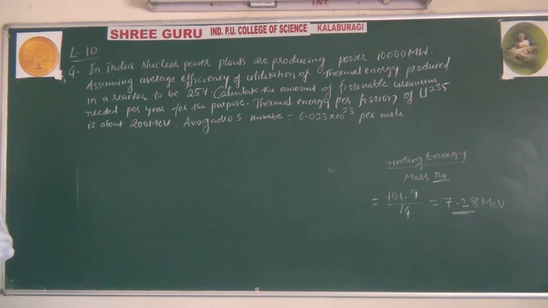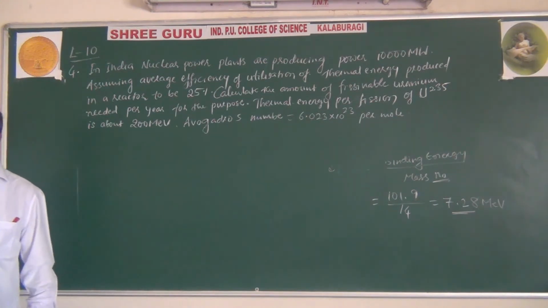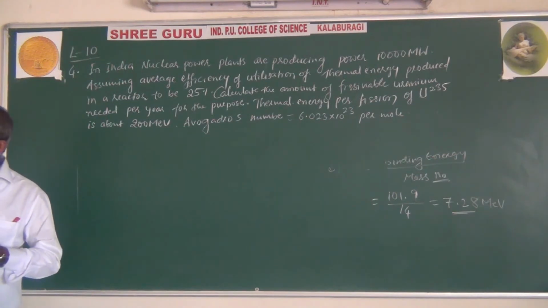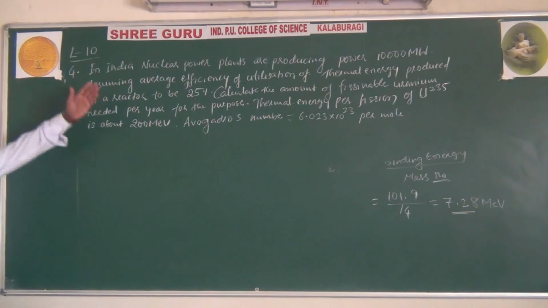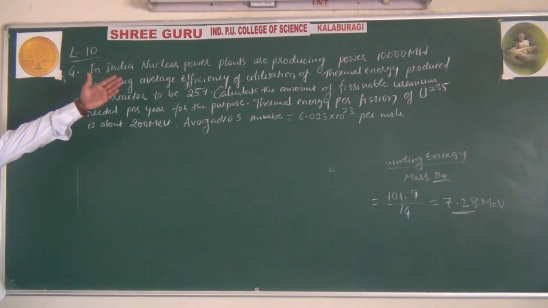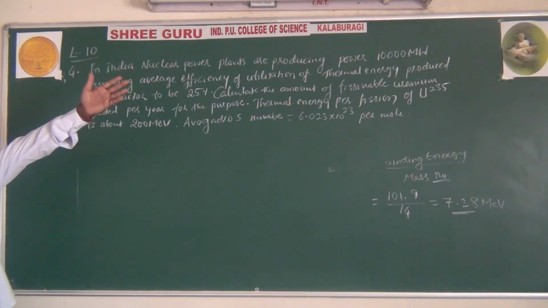For that the nuclear fission reaction takes place, which gives the thermal energy, and that thermal energy is later converted into electrical power. And the nuclear power plants are producing a power of 10,000 megawatt.